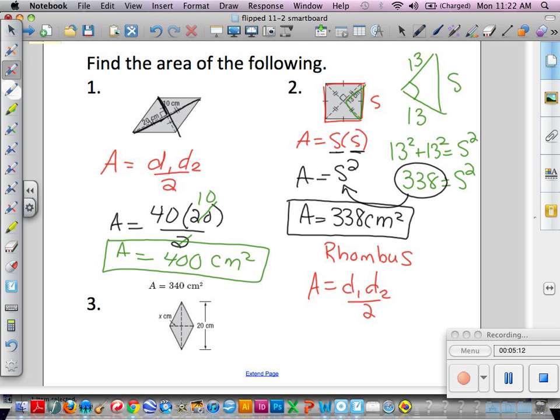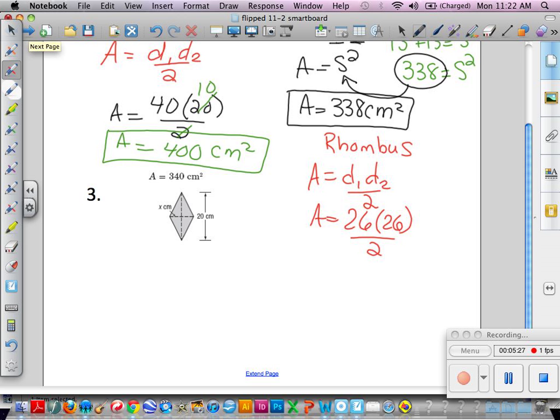So you could take this diagonal here, which is 26, multiply it times the other diagonal, which is 26, and divide it by 2. You are going to get the same thing, 338 centimeters squared. So that would have been the quick and dirty way to do it, people. Every square is a rhombus, so if you knew your diagonals, you can just do D1 times D2.